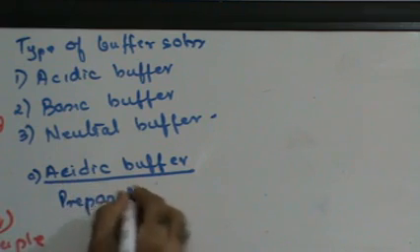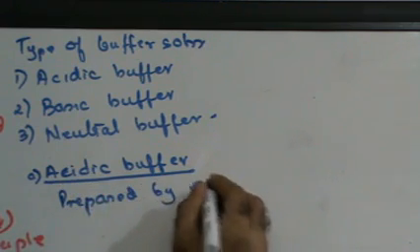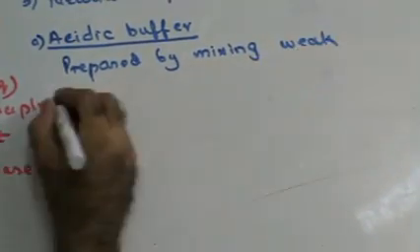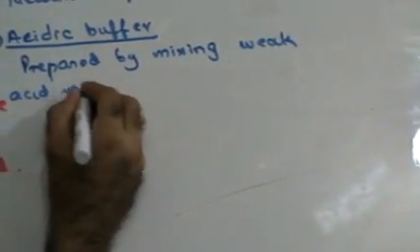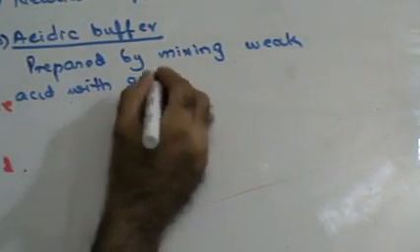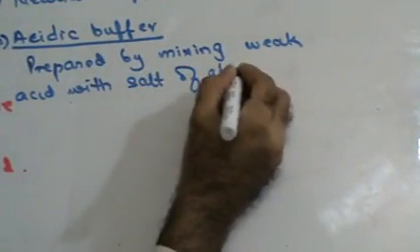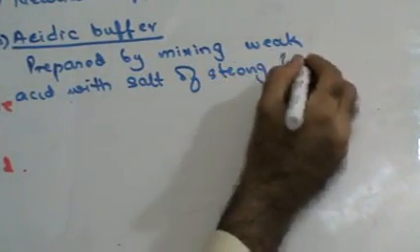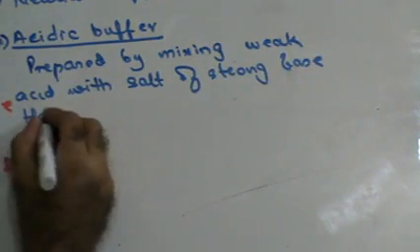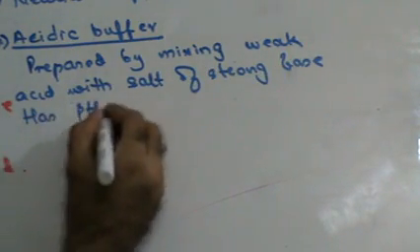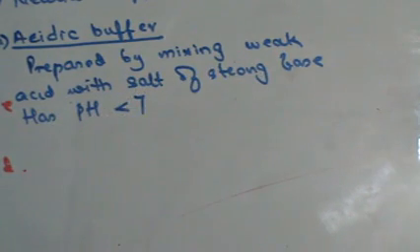Prepared by mixing weak acid with salt of strong base, it has pH less than 7. That's your acidic buffer.